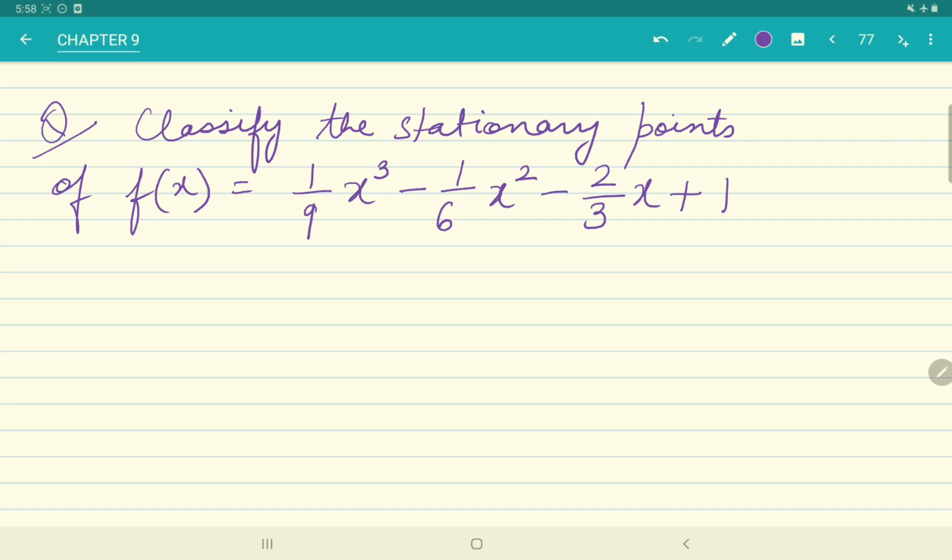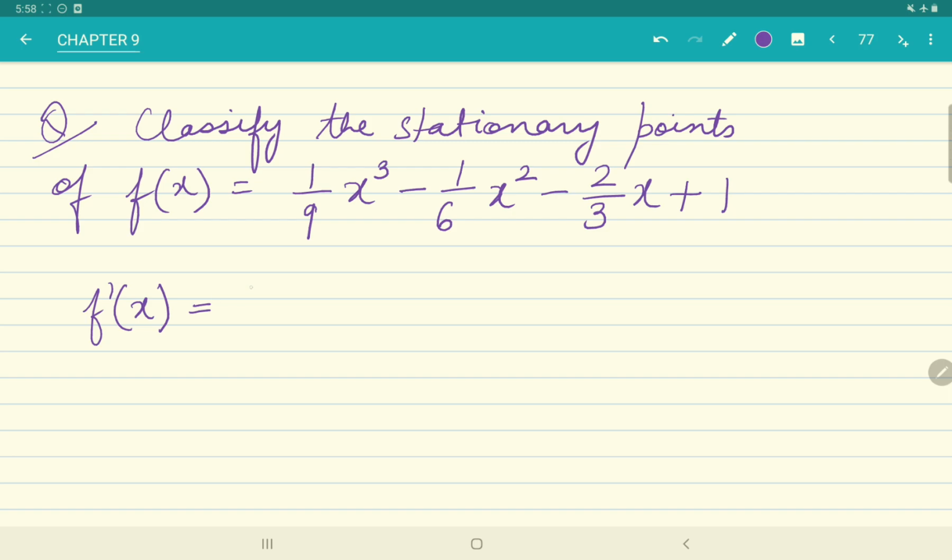So basically we have to take up the stationary points, and when I say classify, that just means we have to see which of the stationary points are a local maximum, which of these are a local minimum, and which of these are neither. So for that we first calculate f prime x, which we have done earlier also.